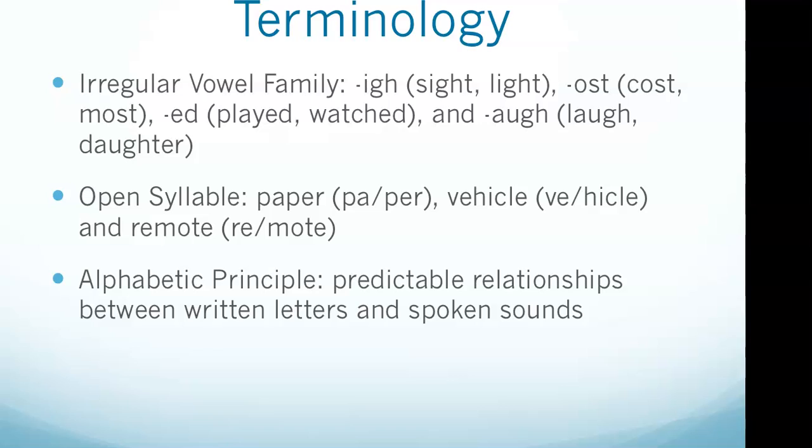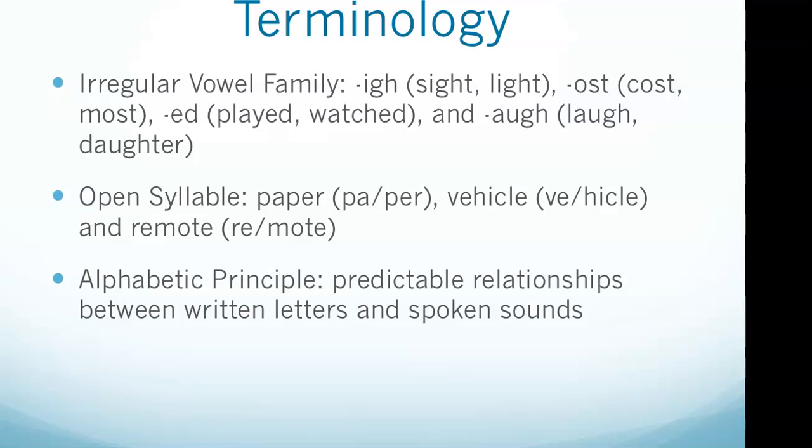You need to be familiar with open syllable. An open syllable has the first syllable end in a vowel and is lengthy in pronunciation. The examples we have here are paper, vehicle, and remote. For paper, the syllable ends in that A, and that's the break from a syllable standpoint.